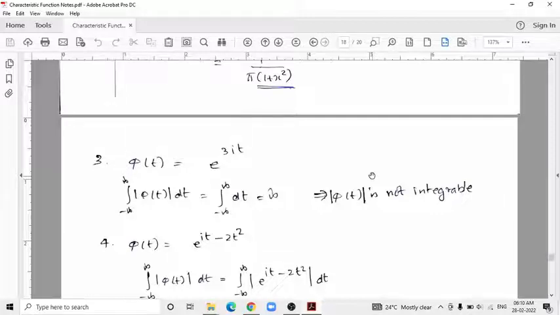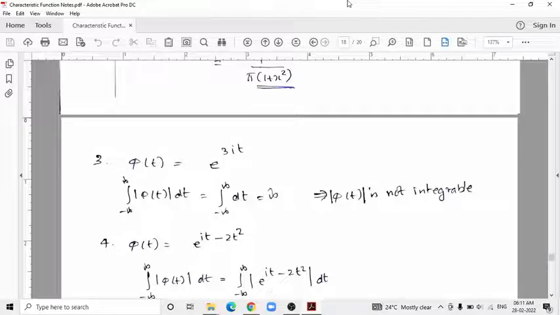It is 1 itself because it is the root of cos square 3t plus sine square 3t, that is 1 itself. So it is simply the integral from minus infinity to infinity of dt, and therefore it is infinity, therefore it is not integrable, and so we cannot determine the density function having this characteristic function.